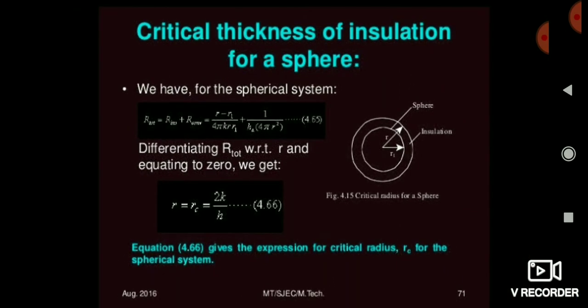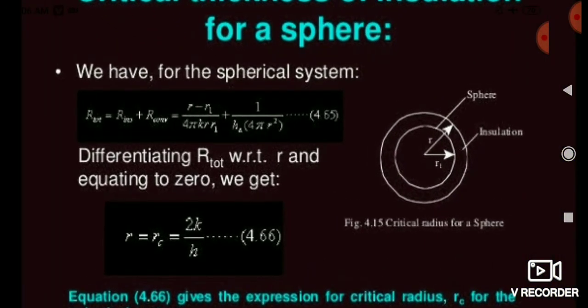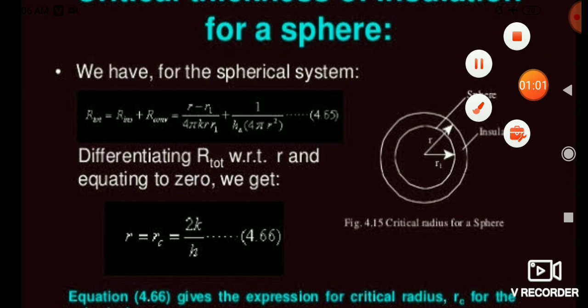Means the critical radius of a sphere is 2 times the critical radius of cylinder. You can conclude from here, and remaining things are easy, friends. Here you can also see that it is the case of series resistance connections, and similarly it is using the formula for calculation of resistance in case of spheres, and remaining things are the same.